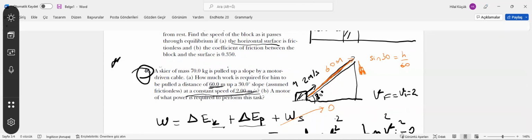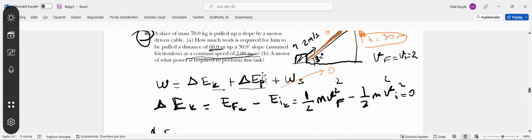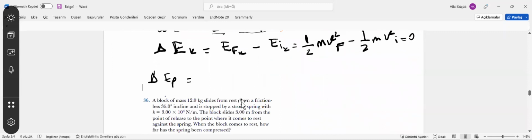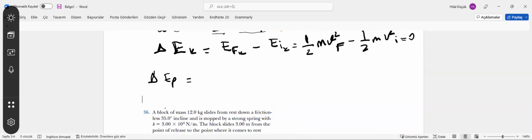Yes, 0.5. So your h will be 30 meters. Okay. It is an easy part. What's the difference? At first, I don't have any height, but in the final part, I have some elevation.